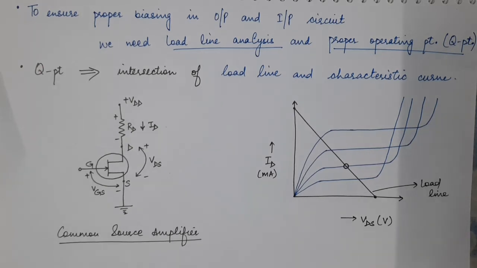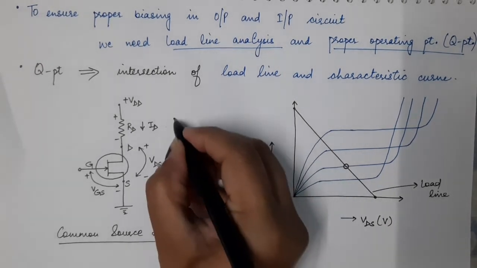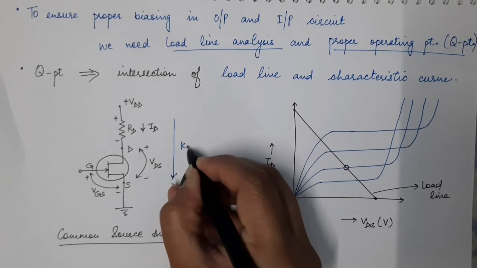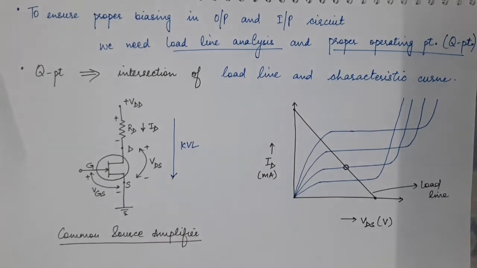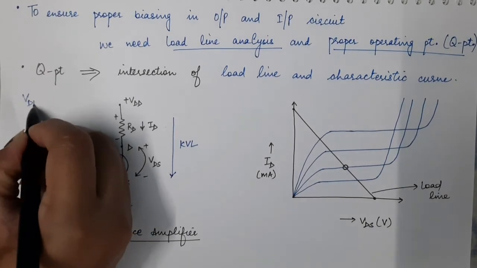Then how to draw the load line? How have I drawn this line? For that, apply Kirchhoff's voltage law to this output loop. It will be equal to VDD.